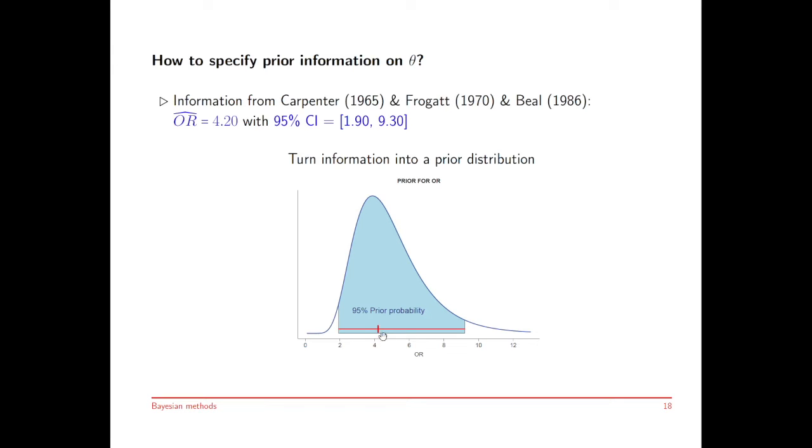So we see here that the maximum value of this density is around 4.2, and that the area under the curve under that density is 0.95, corresponding to the 95% confidence interval. So you could say that this density expresses our prior knowledge of the odds ratio coming from the first 3 studies, where intervals have an interpretation of probability, but where values or probabilities on values don't have an interpretation.